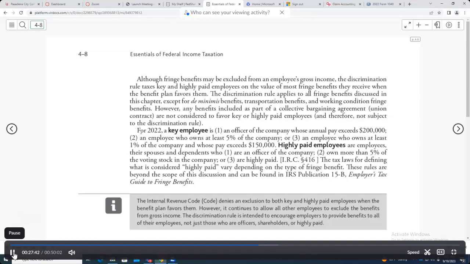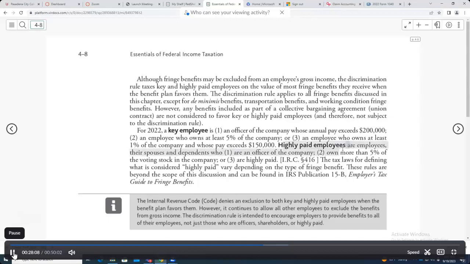Here is talking about key employees that I was mentioning. In 2022, a key employee is an officer of the company whose annual pay is above this level, or an employee who owns at least 5% of the company. There are some criteria that you have to check to see if this is a key employee or not.